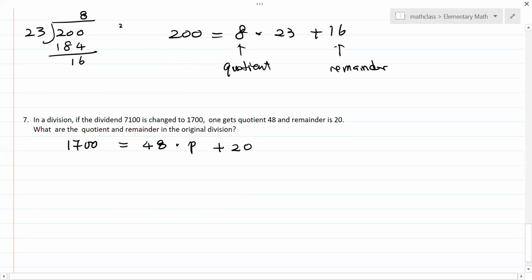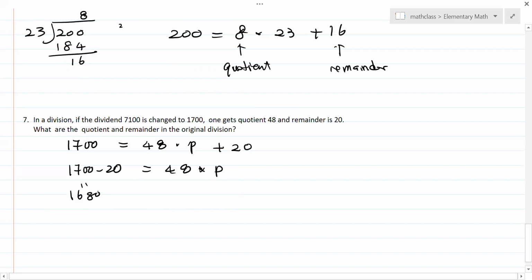It's a mystery, so you figure out the divisor first. 1,700 minus 20 equals 48 times P, and that number is 1,680.